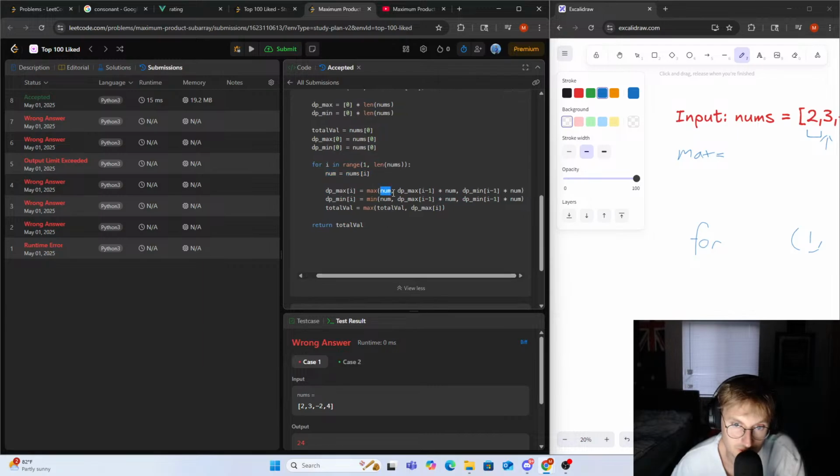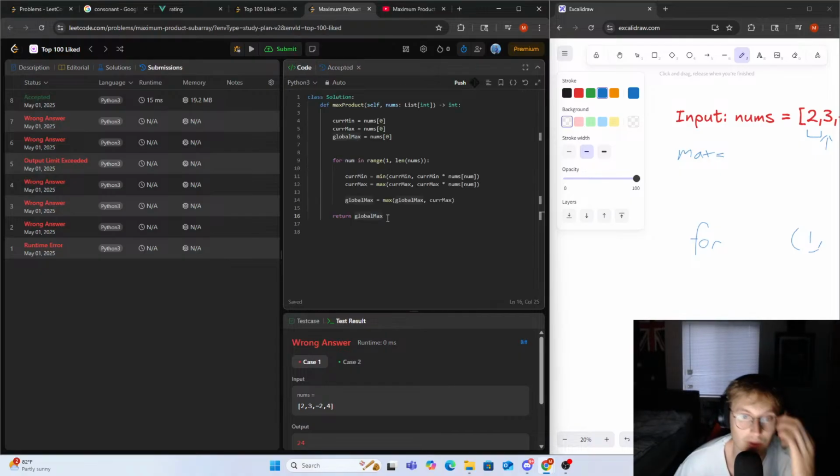DP max is equal to num, DP max i minus 1 times num. DP min i minus 1 times num. I feel like we can probably solve it this way.